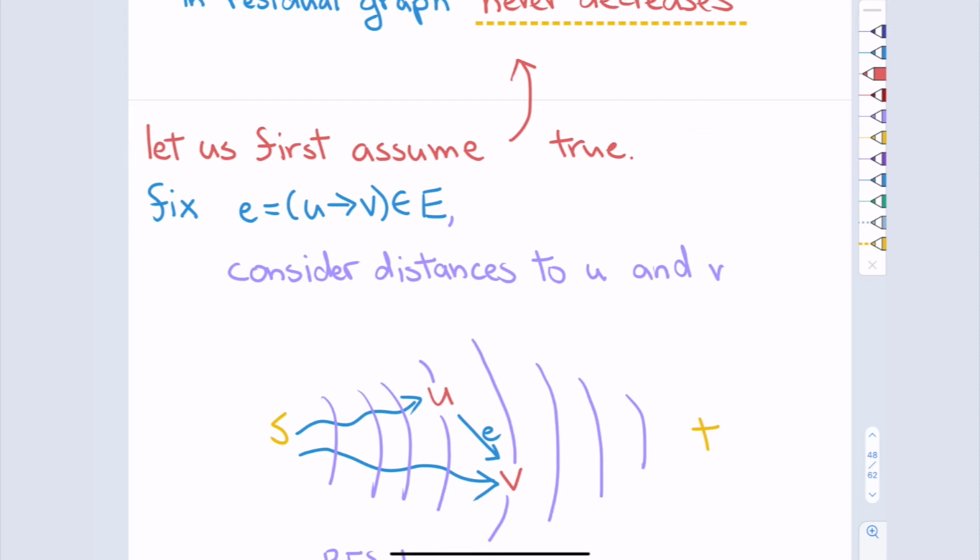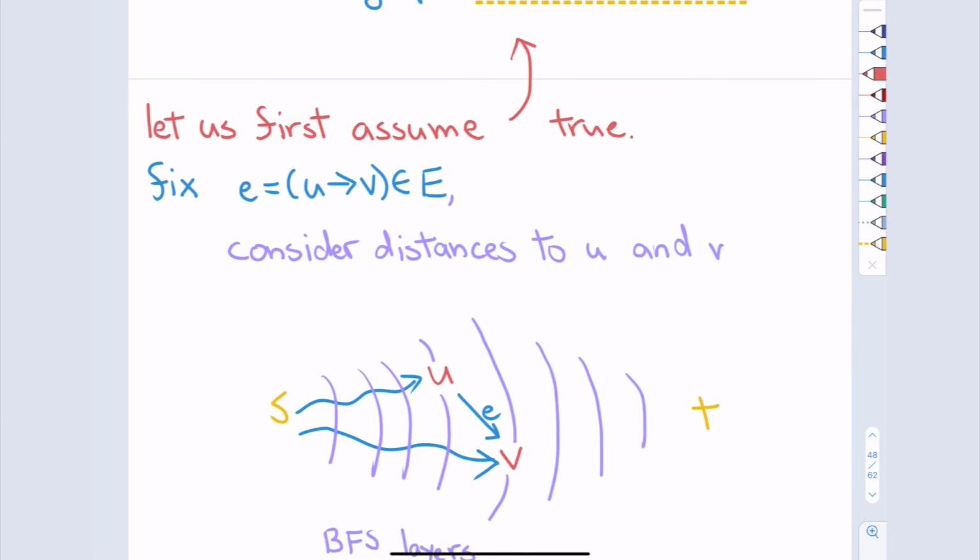And with that assumption, now let's look at a particular edge, E, with I guess endpoints U and V. Okay? And we're going to study what's going on with these distance labels. Okay, so this is distance labels in the breadth first search sense. So you can think of each of these purple contour lines as one breadth first search layer.